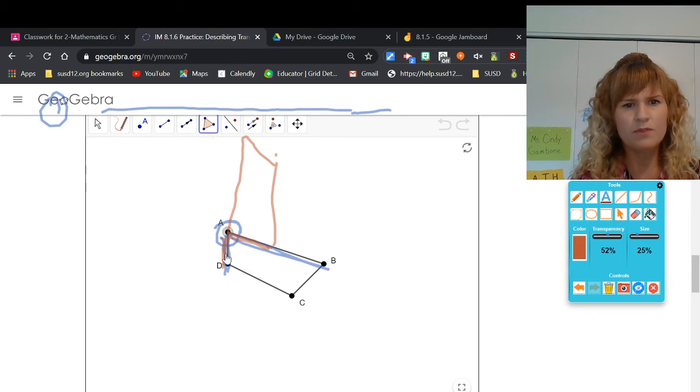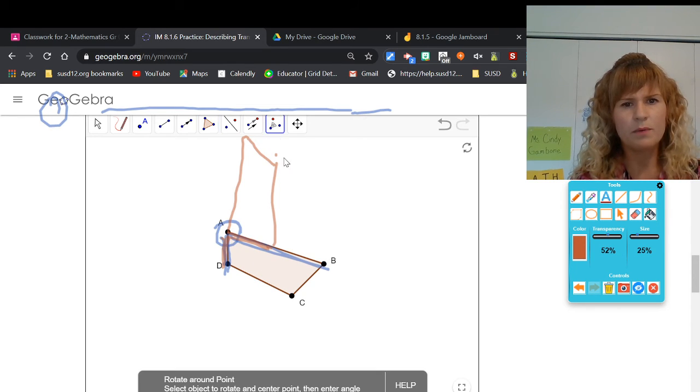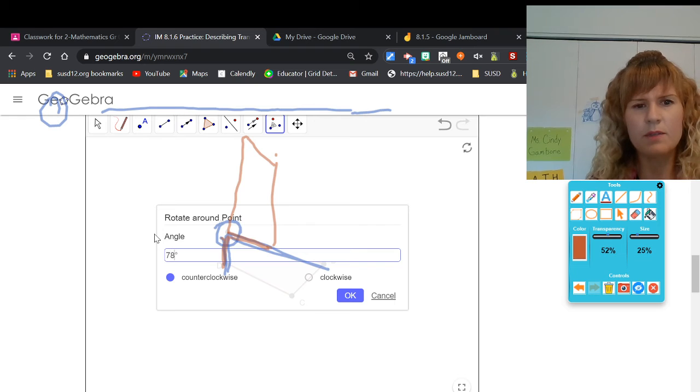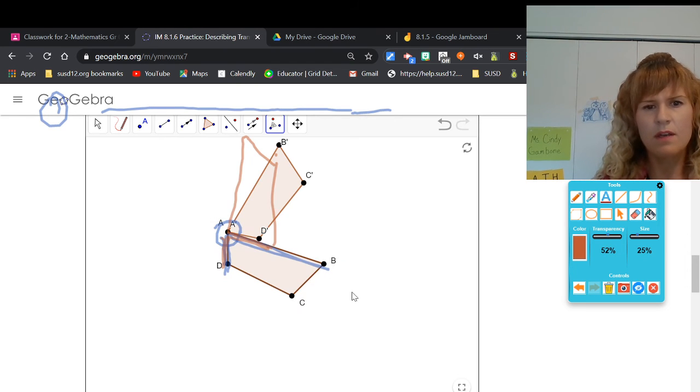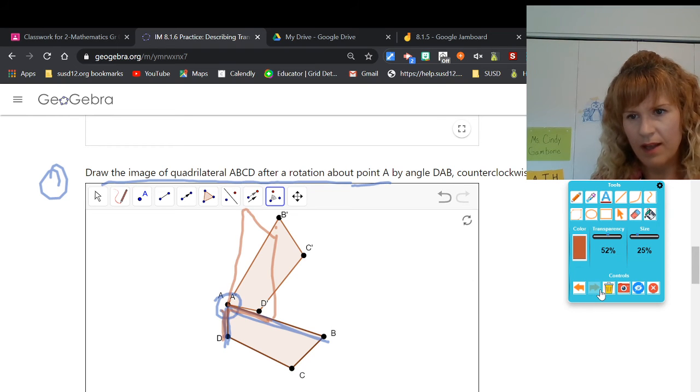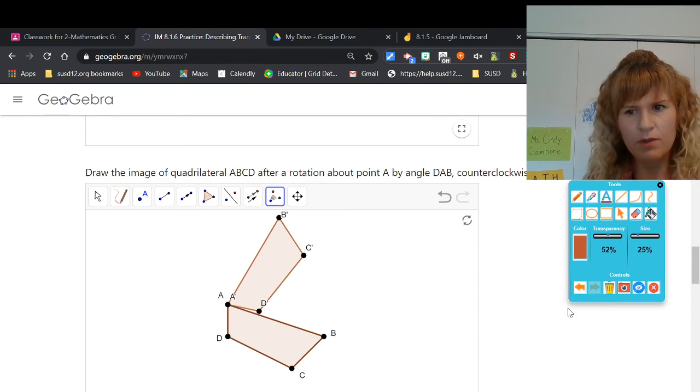I have to start over and draw my polygon because I deleted too much. Okay, there. Rotate around point, click the figure, click the point. Now before I tried 80 and it was a little too much, so let me try 78 degrees. Ding! Okay, that looks good to me. I like that. Now let me erase my drawing.